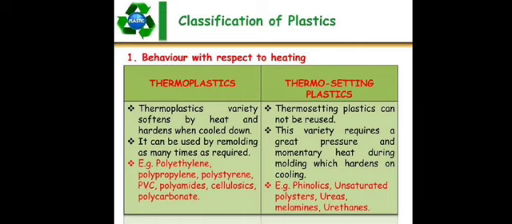Once the thermosetting resin is cured, we cannot modify it or do anything. For example, polyester, unsaturated polyester, epoxy resin, these are all examples of thermosettings.